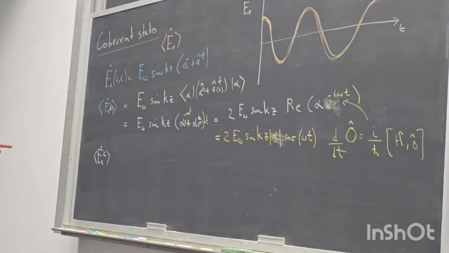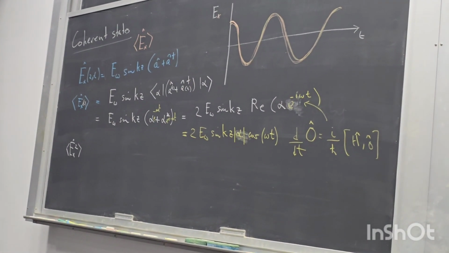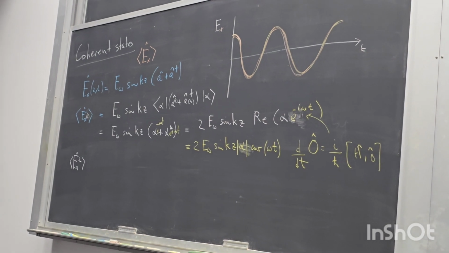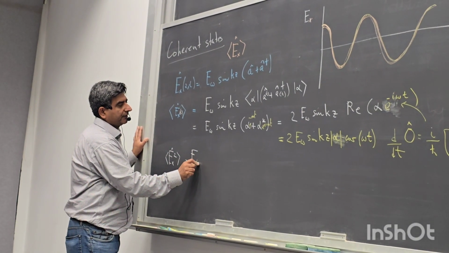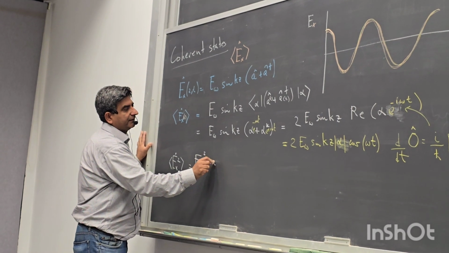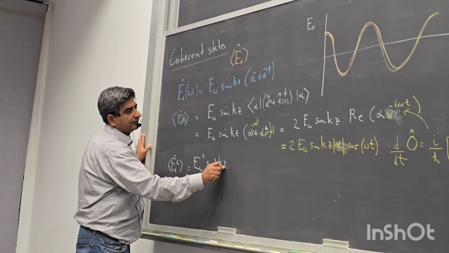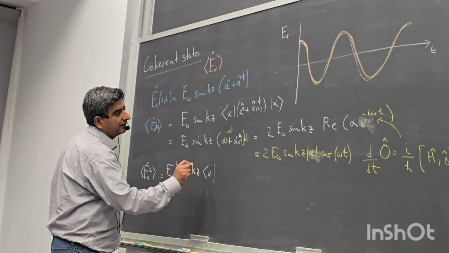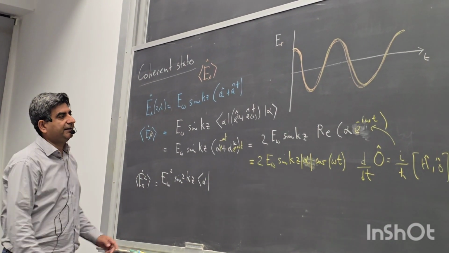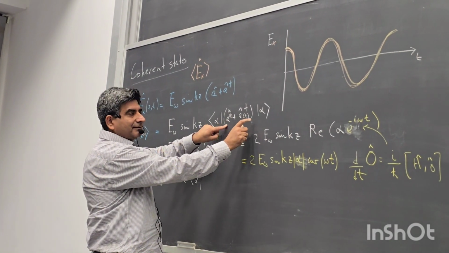So if we were to determine Ex square, we just start from here. This will be E omega square sine square kz, and then I put bra alpha. I need the square of this.